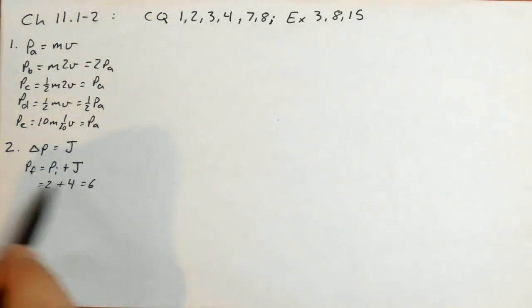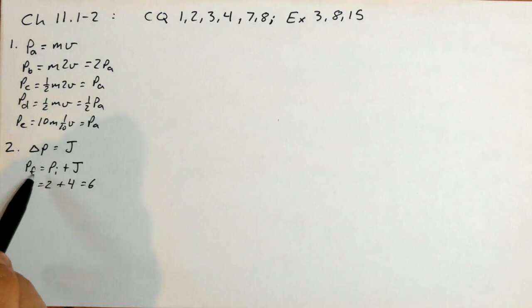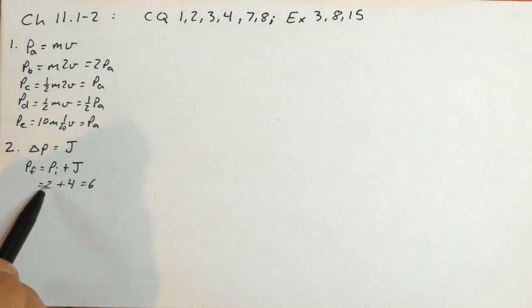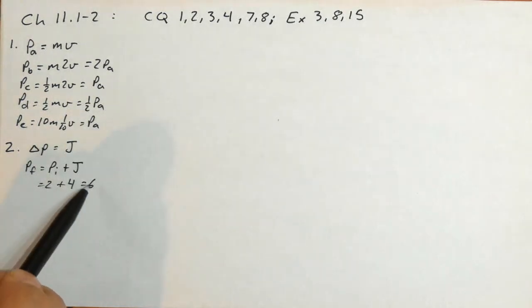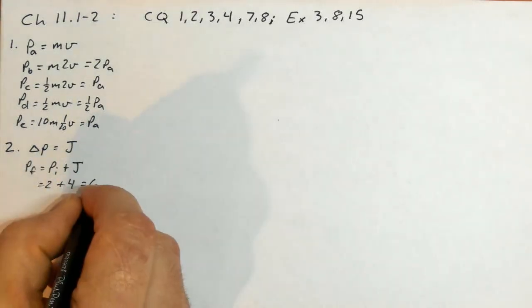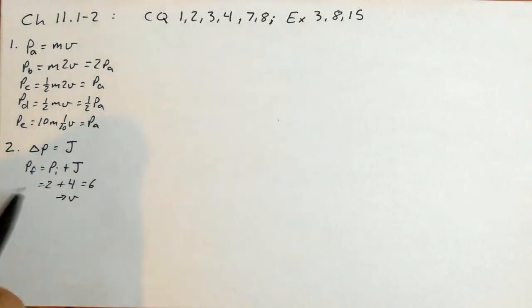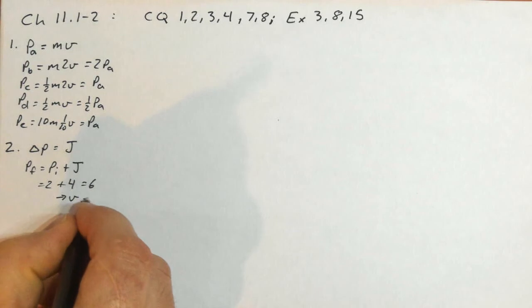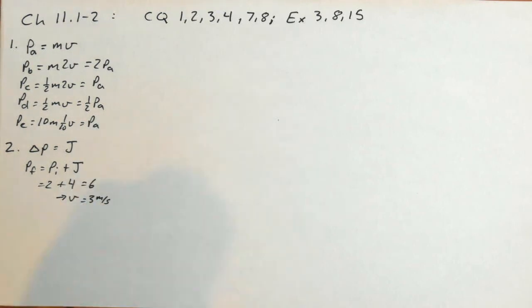And since these are all positive, and we've assumed moving to the right is positive because we chose to use a positive 2 here, that means that the particle is moving to the right and faster. This is the momentum, which leads to the velocity, with the particle having a mass of 2 kilograms. Divide this by 2, and it's 3 meters per second.